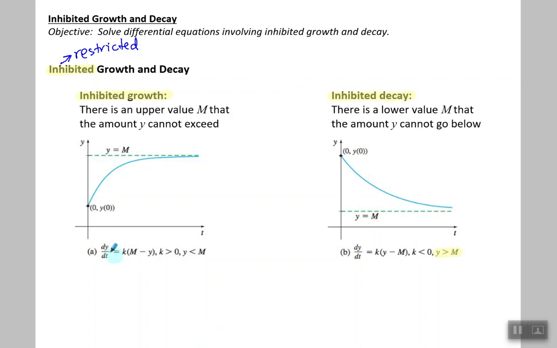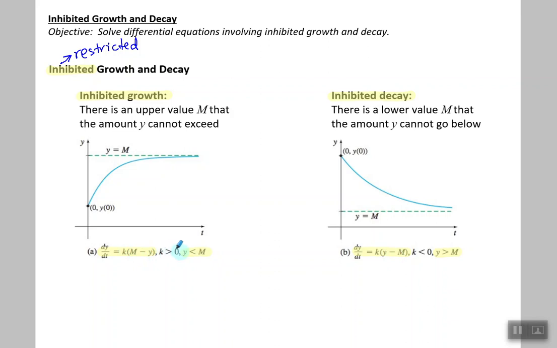So to point out some similarities, the differential equations look very similar. The rate of change of the amount is proportional to the difference between an amount and another amount. Well, in this one, inhibited decay, y is greater than m, so big minus small, and in this one, y is less than m, still big minus small, so that value multiplied by k will be positive in either of those instances.